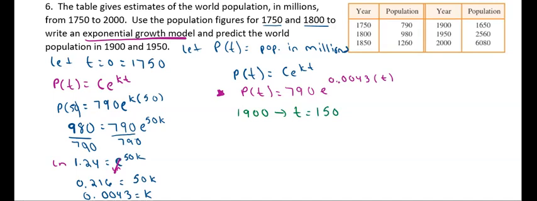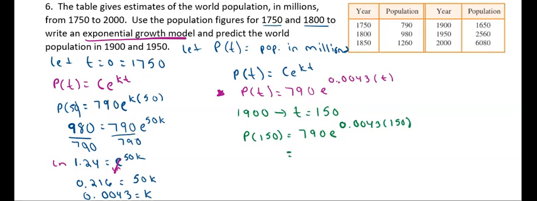So let's put that in. That'll give us P of 150 equals 790 e to the 0.0043 times 150. Now remember, we're not looking it up in the table this time because we're using our model to predict, and we'll see if we were accurate to what the table value was.